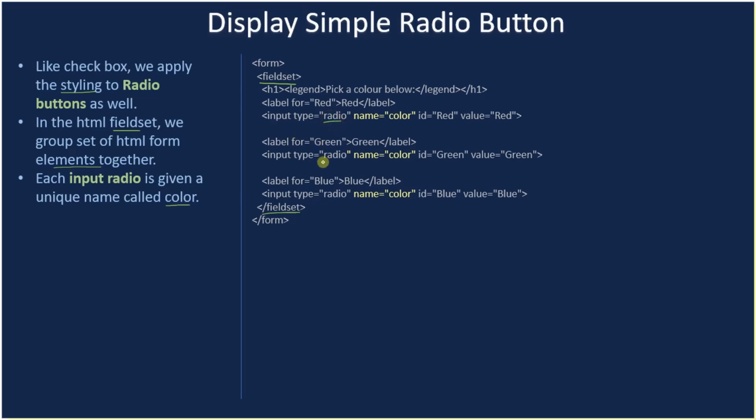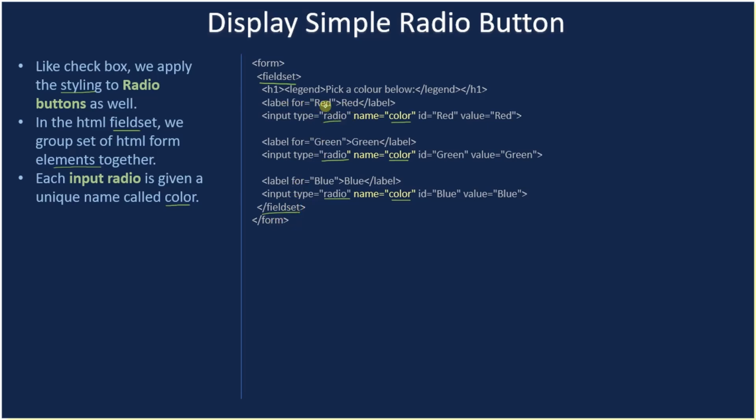We have 1, 2 and 3 input radio buttons, and if you see the name, we are giving the same name, color, for all the radio buttons. All these radio buttons will go inside a specific group because of the fieldset here.